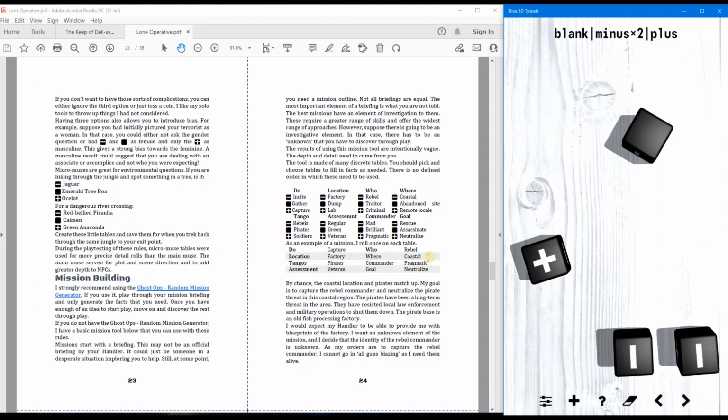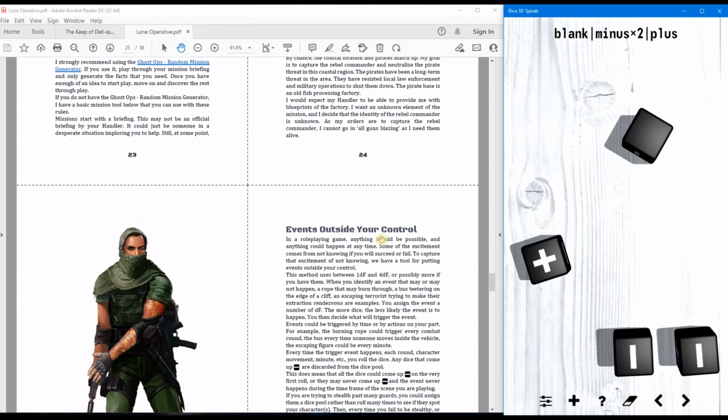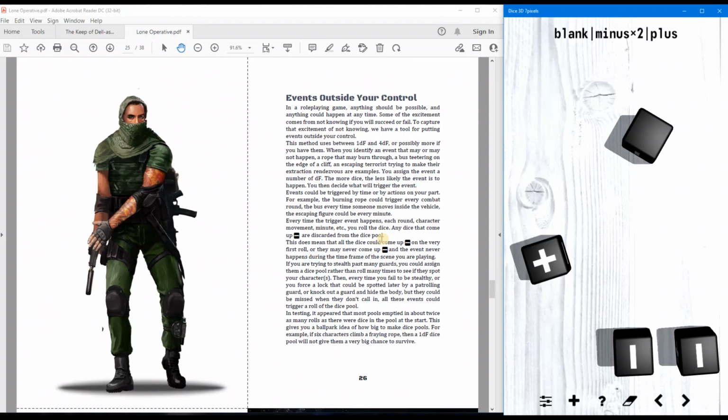I decided that the factory was an old fish processing factory on the coast, and my secondary goal, after I captured the rebel leader, was to neutralize the pirates. So I managed to use all of my elements here. Now that comes up again later on in these rules in an example of play.